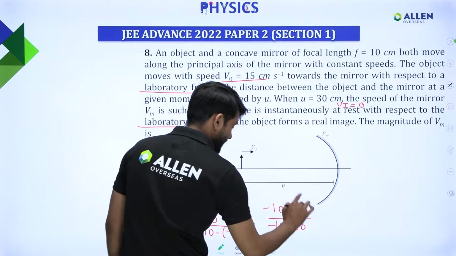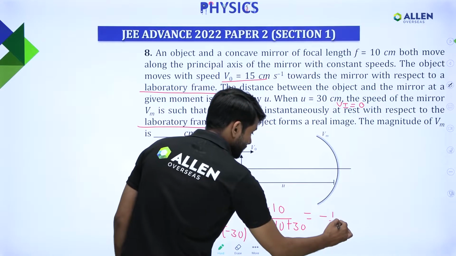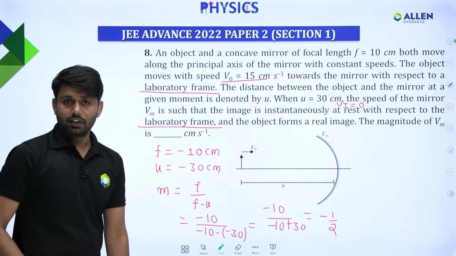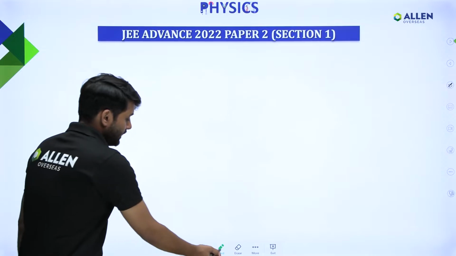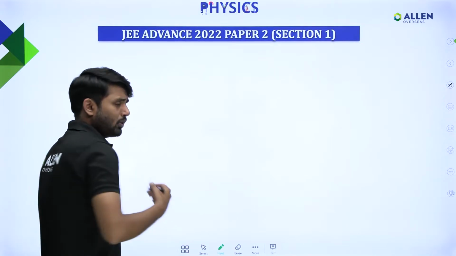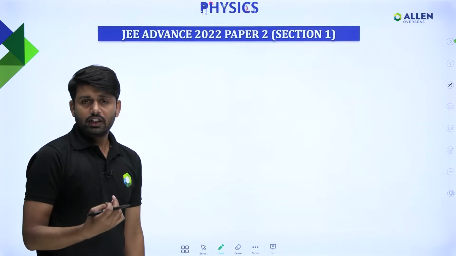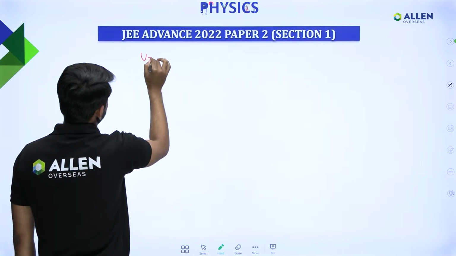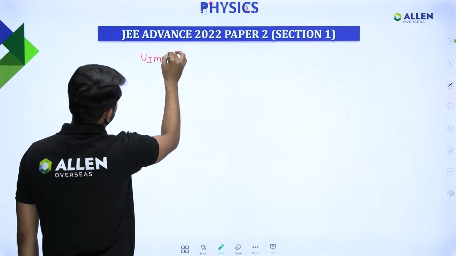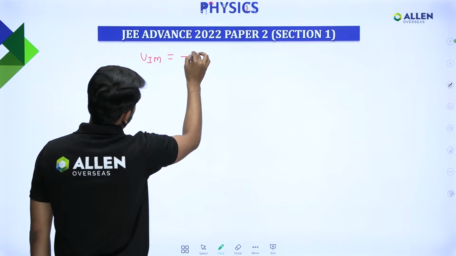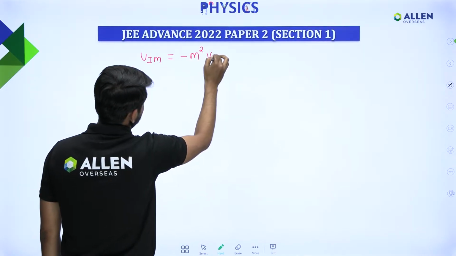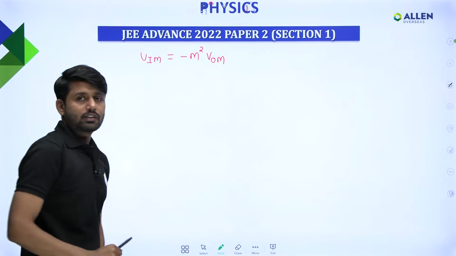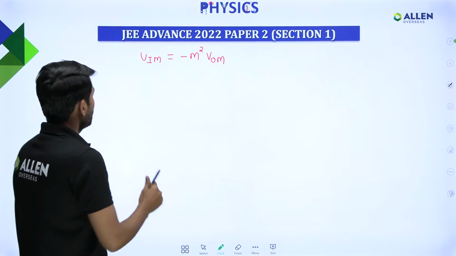So this is minus 10 by 20, so minus 1 by 2. This is your magnification, right? And we know the formula to calculate velocity in a spherical mirror. Velocity of image with respect to mirror is equal to minus m square times velocity of object with respect to mirror. This is the basic formula, okay?